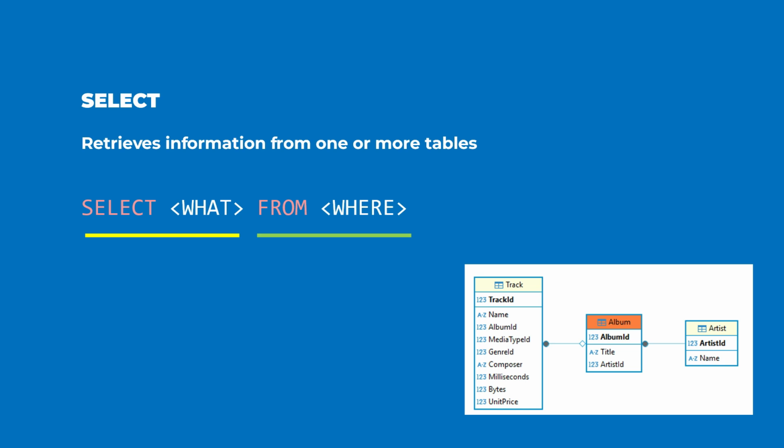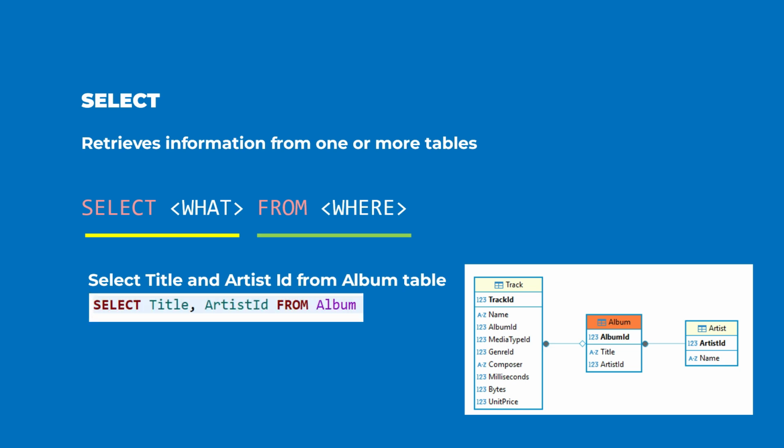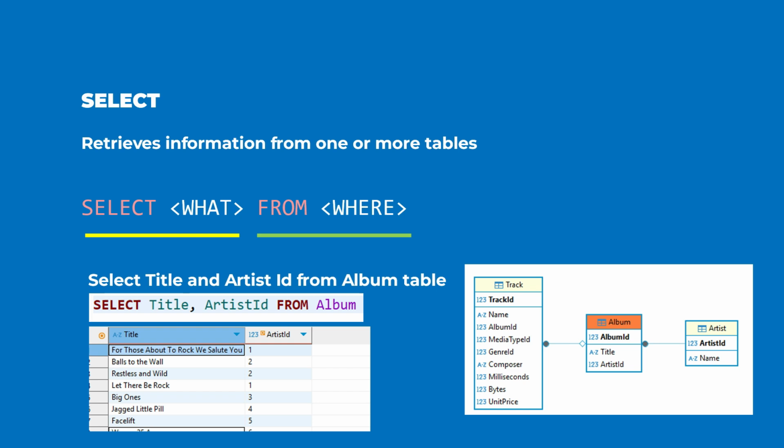For example, if we want to select the title and artist ID columns from the album table, we can write the expression select title, comma, artist ID from album. And that will retrieve all the row entries for the title and the artist ID column from the album table.